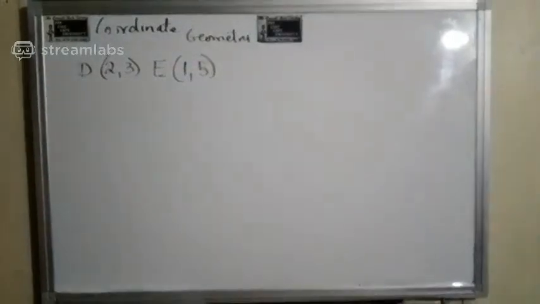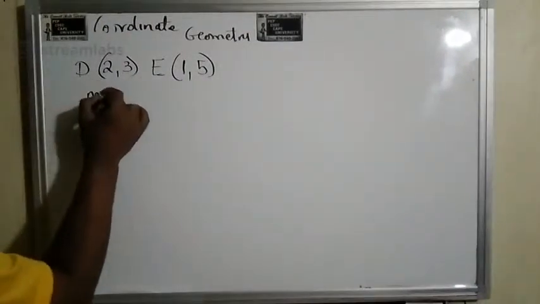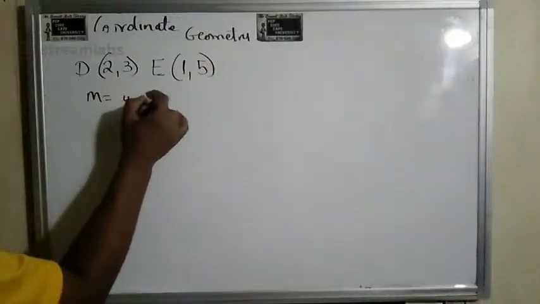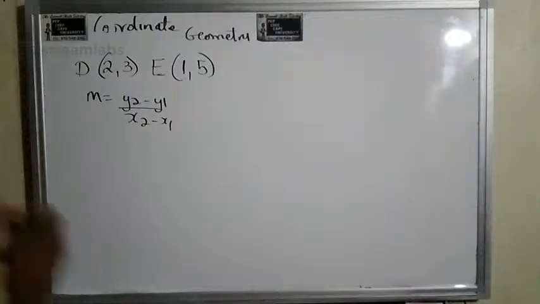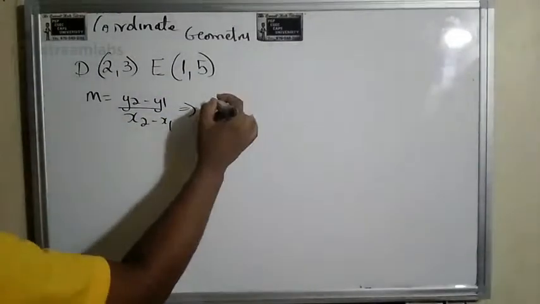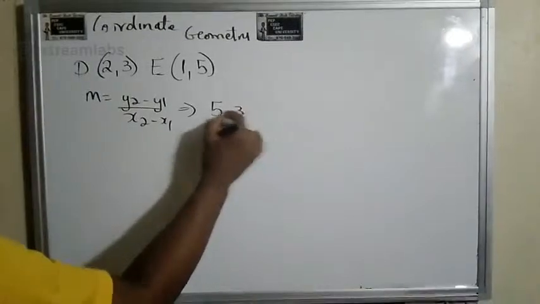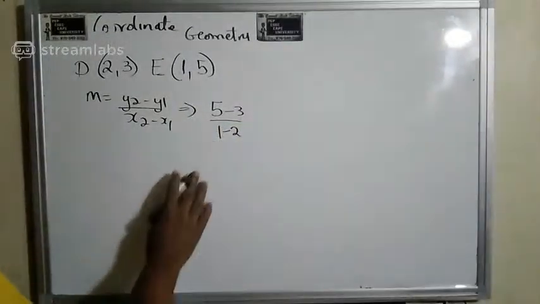Alright, so we're going to find the equation of the line. So m is equal to y2 minus y1 upon x2 minus x1. Going over this with the points, y2 is 5 minus 3, upon 1 minus 2.